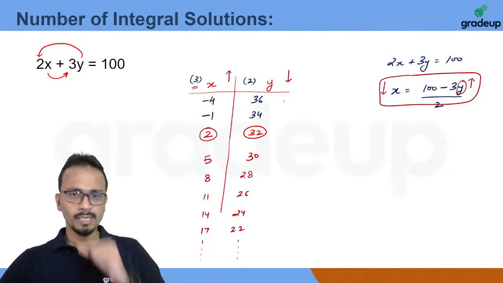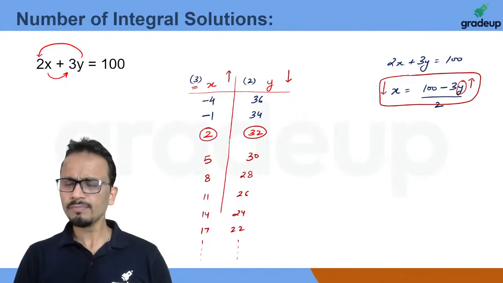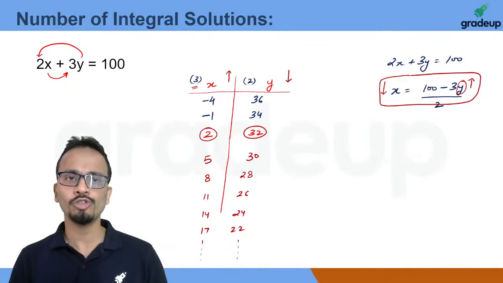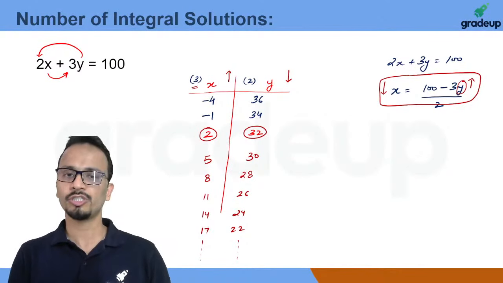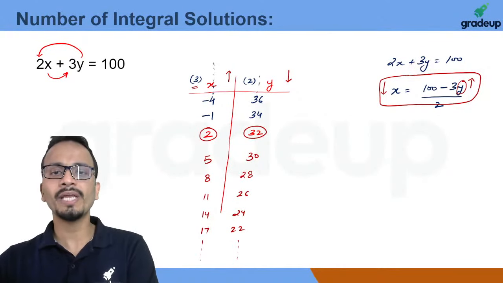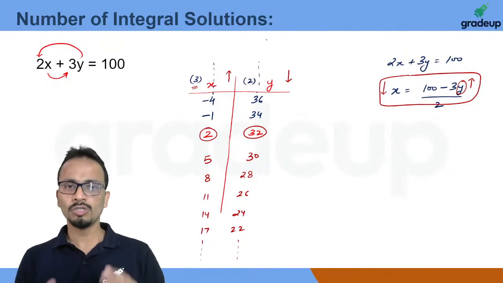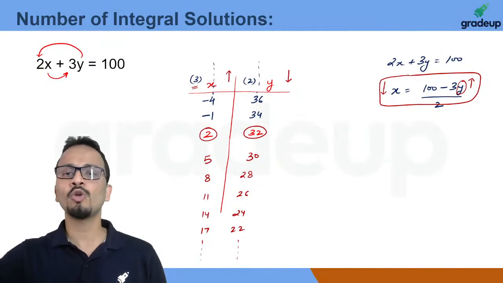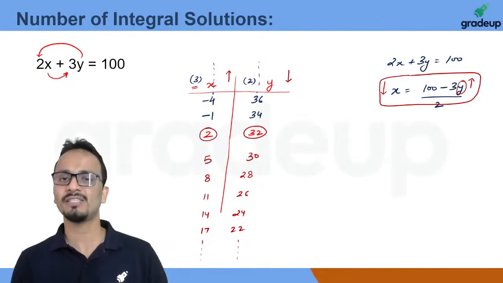So basically what we have done is we have written all the integral solutions. In the other direction, it will again keep on going like this. The value of x will go towards the negative side, the value of y will keep on going towards the positive side, and vice versa.